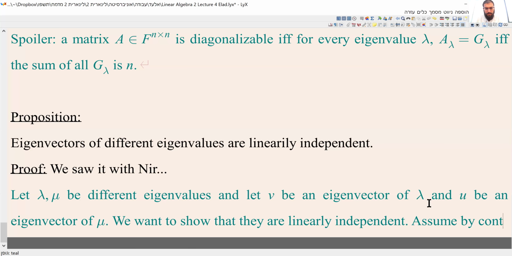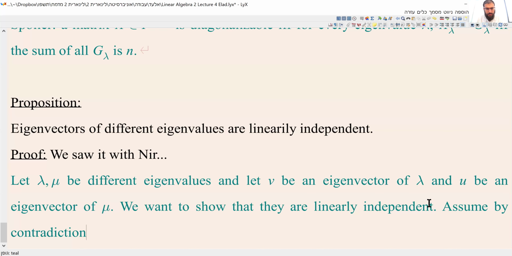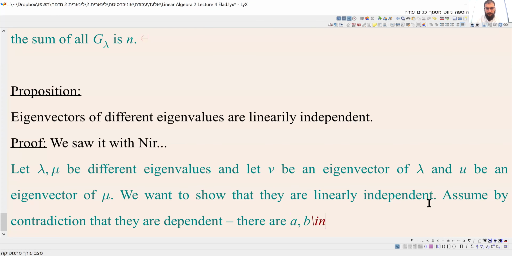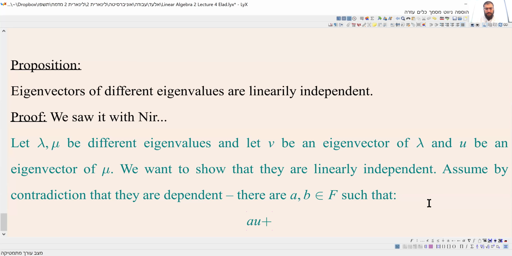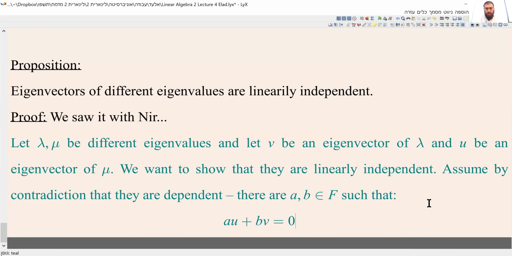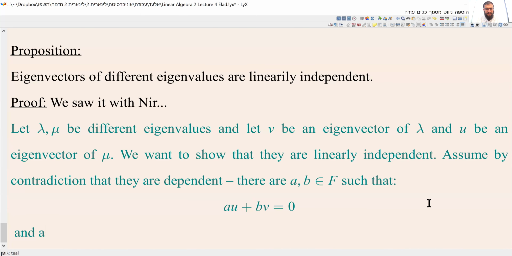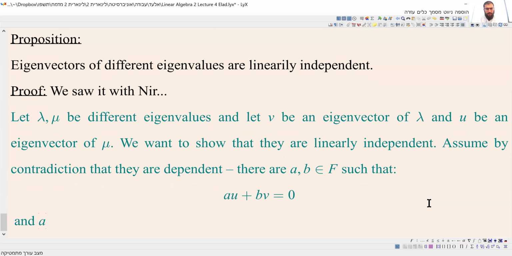Assume by contradiction that they are dependent. There are some A and B in F such that A u plus B v is 0, and A and B, one can be 0, but the other one cannot.